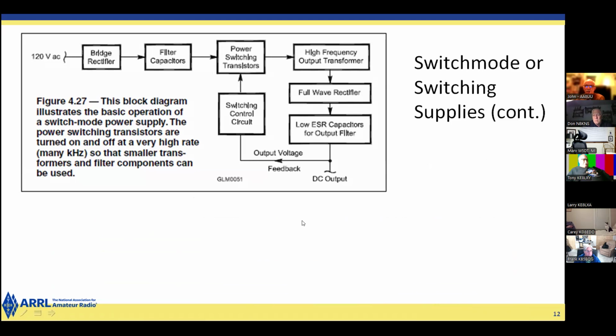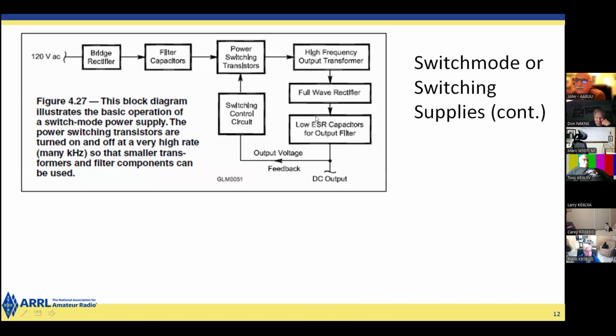This block diagram illustrates the basic operation of a switch mode power supply. The power switching transistors are turned on and off at a very high rate so that smaller transformers and filter components can be used. Filter capacitors, power switching, high frequency, full-wave rectifier, capacitors, output, switching control.